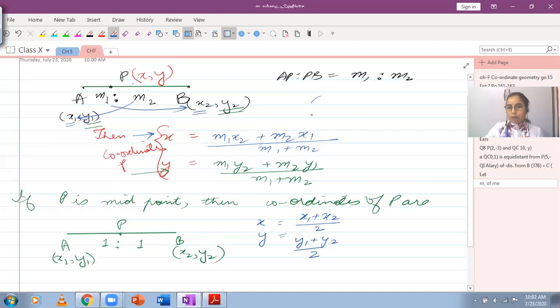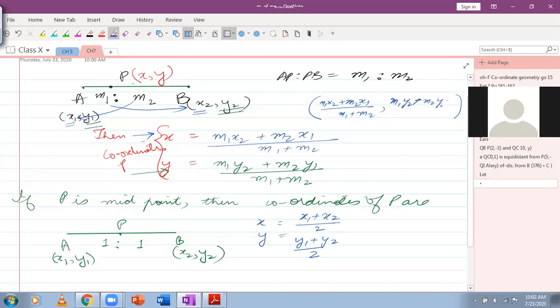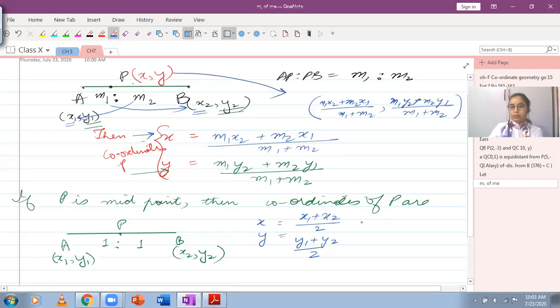And in your book, this would be written in brackets like this: m1 x2 plus m2 x1 over m1 plus m2 comma m1 y2 plus m2 y1 over m1 plus m2. These are the coordinates of P. And you can also write this in bracket form: x1 plus x2 by 2 comma y1 plus y2 by 2.